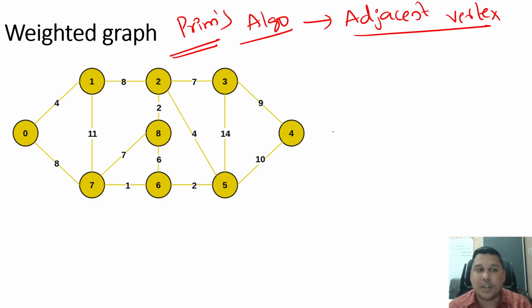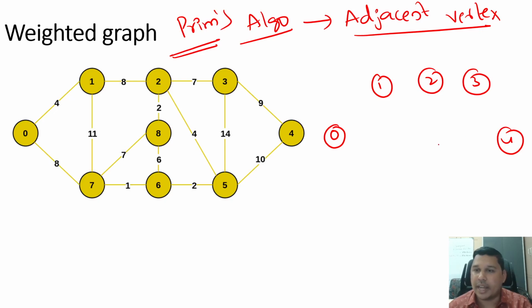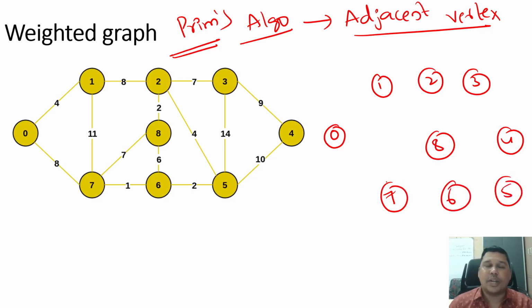So let me draw these vertices 0, 1, 2, 3, then I have 4 here, we have 8, 7, 6 and 5. I have drawn all the vertices.